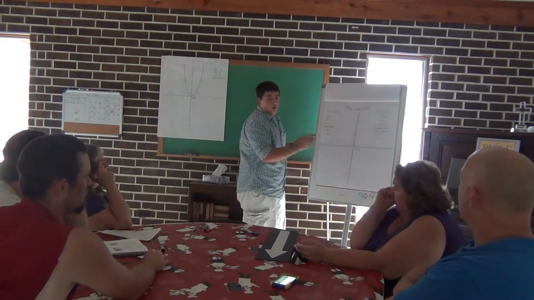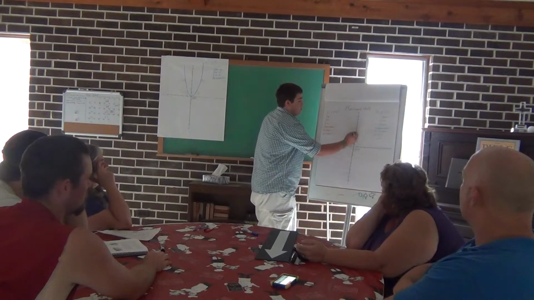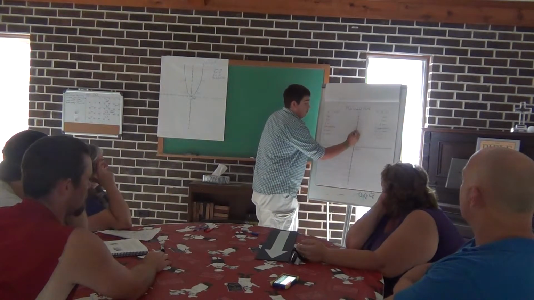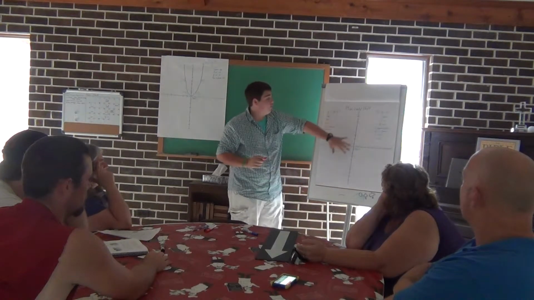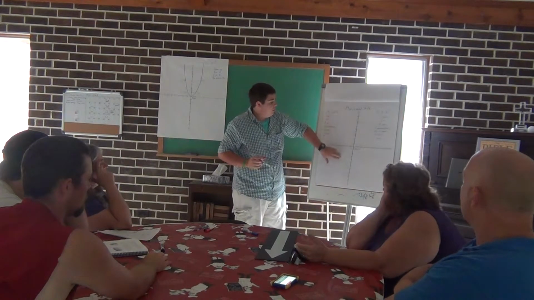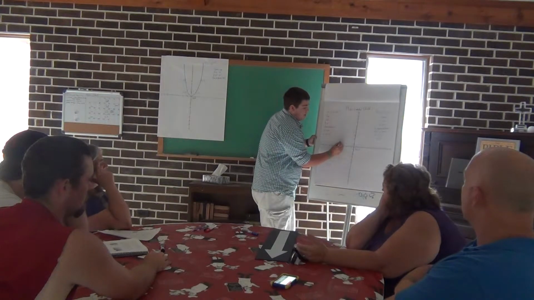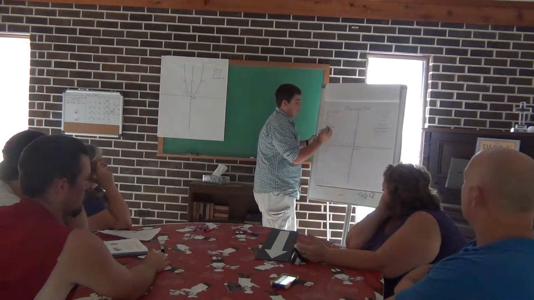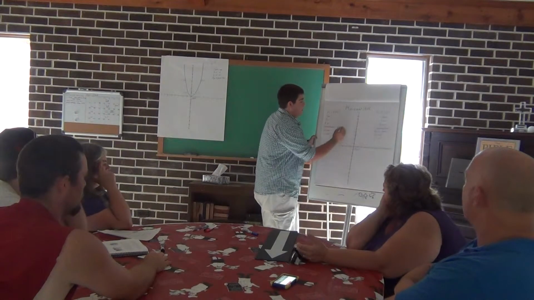Instead of being at 2, 4, its value would be at negative 1, 4. And since it is not over the y-axis, it is actually reflected over negative 3. So you can plot the points at negative 4, 1 and negative 5, 4.